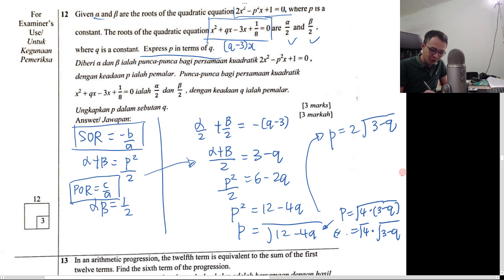Then you will get 2 square root 3 minus q. But I guess this one can be the final answer. Not necessarily must simplify like that. Yeah, I guess this is okay to not do the last step.